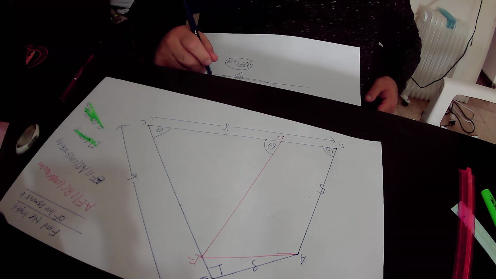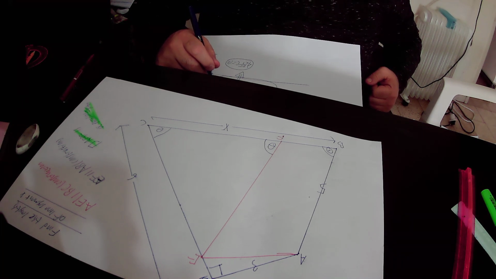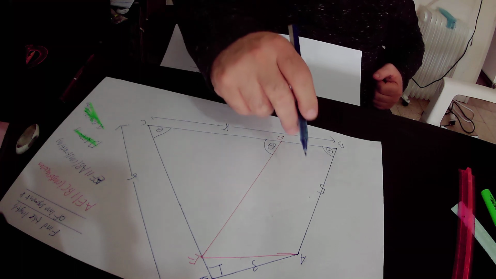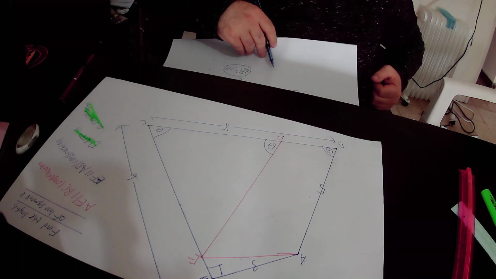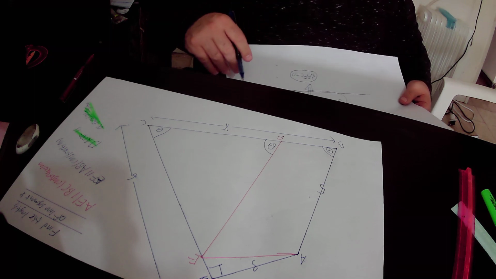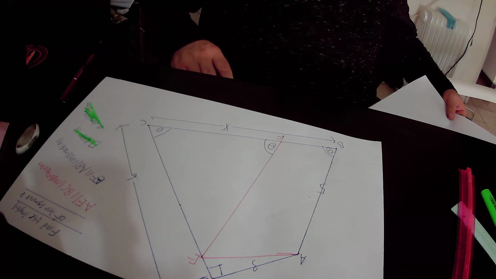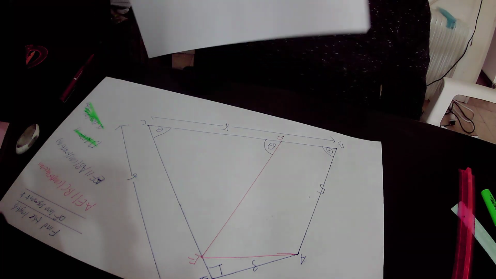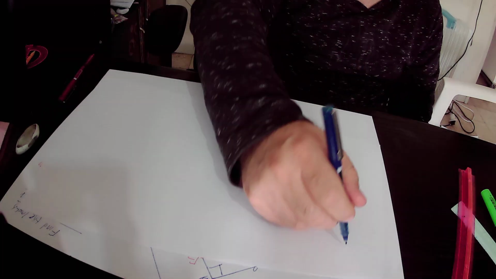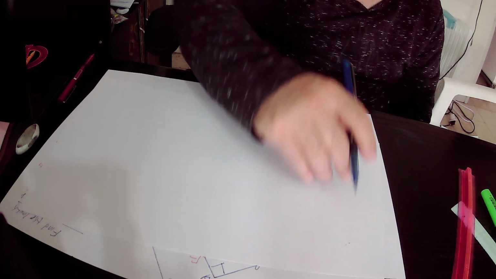Likewise, according to our construction, AE is parallel to BF. I'll write it down. AE is parallel to BF.